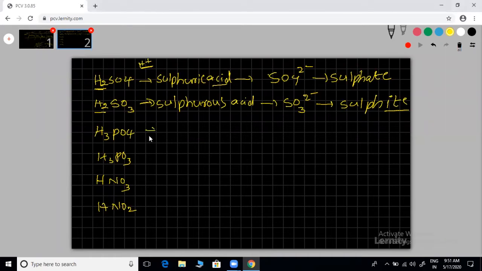I am not going to write the remaining. This is phosphoric acid or orthophosphoric acid. You can write PO4 3 minus. Now what is the name of this one? Phosphate. This is phosphorous acid.